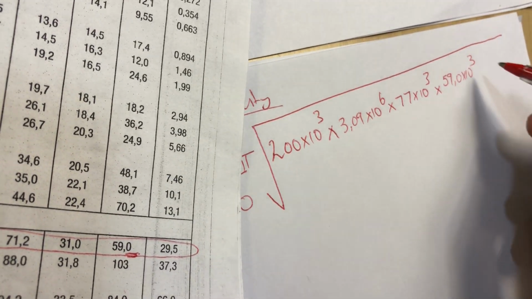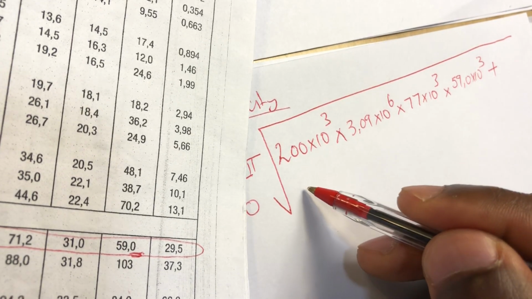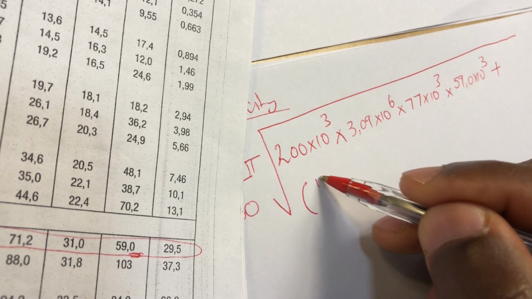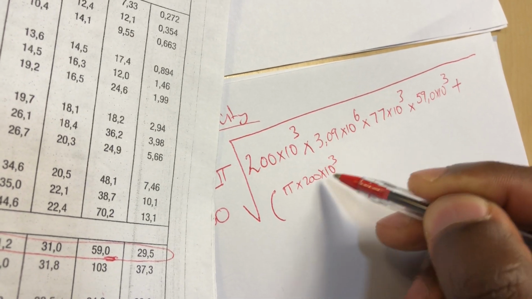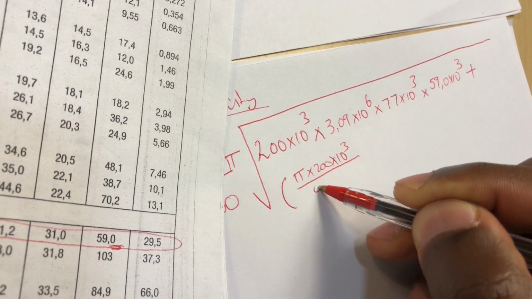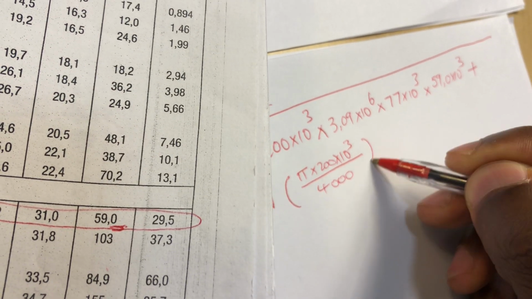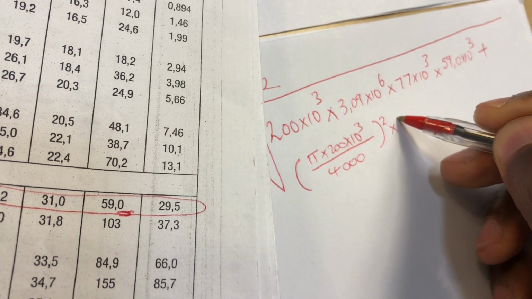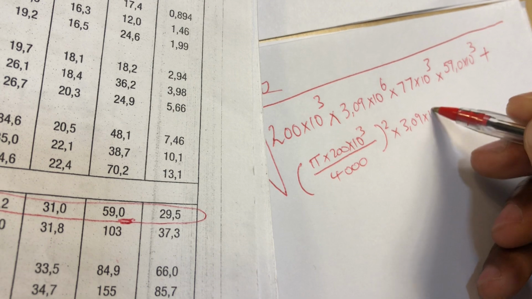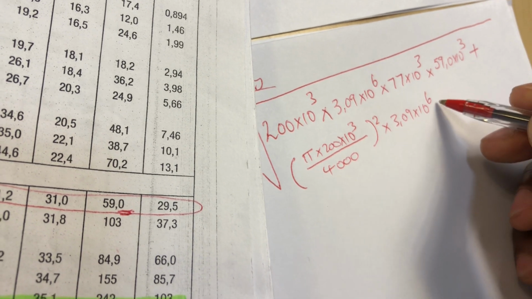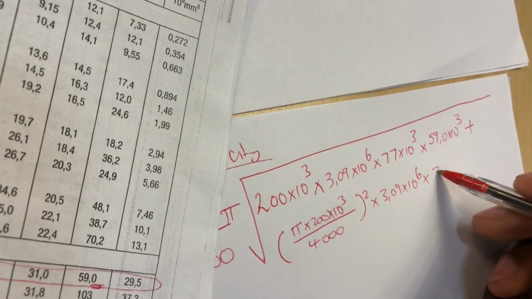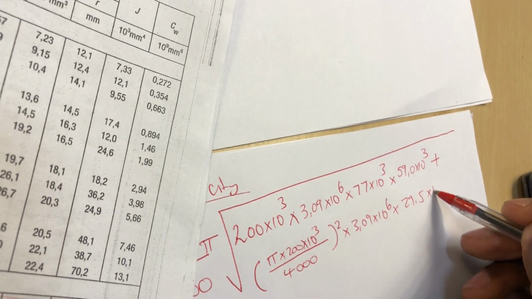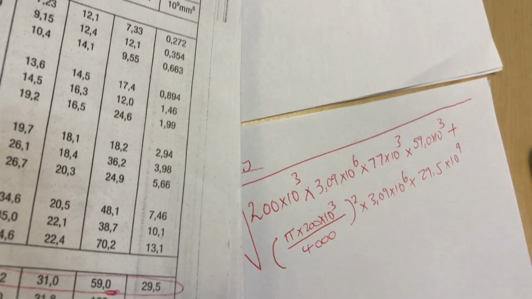Okay, so now plus open bracket pi times 200 times 10 to the power 3 divided by 4,000 times 3.09 times 10 to the power 6 times CW, which is 29.5 times 10 to the power 9.